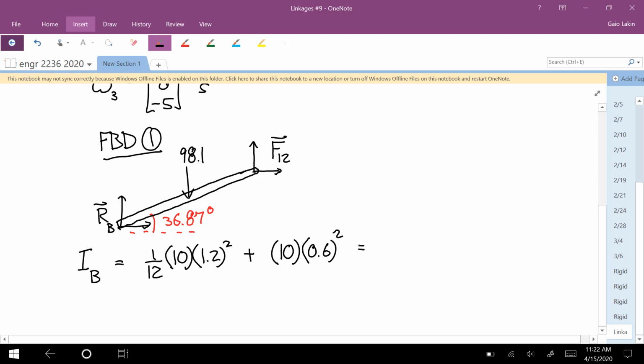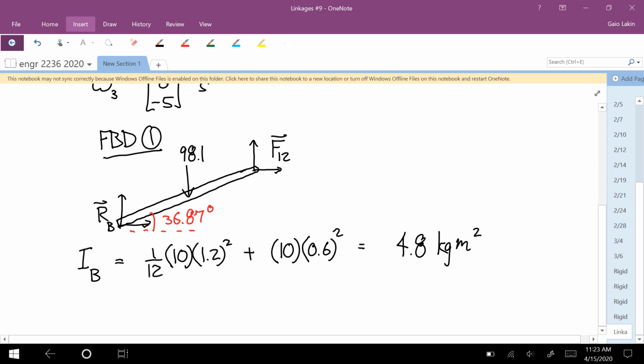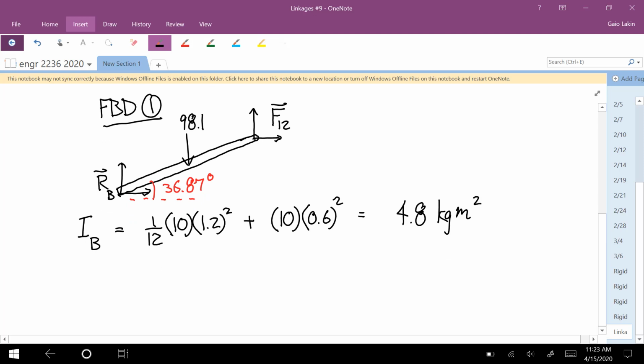And for that, you get 1.2 squared times 10 divided by 12. So you get a moment of inertia about that pin B of 4.8. And the units are kilogram meters squared. Okay, and the about point is B.